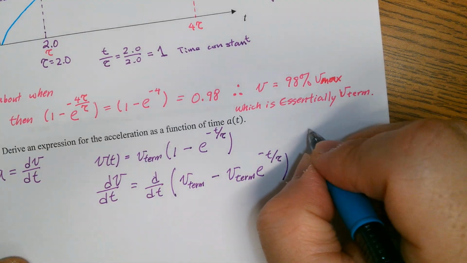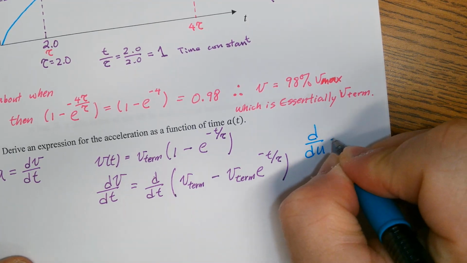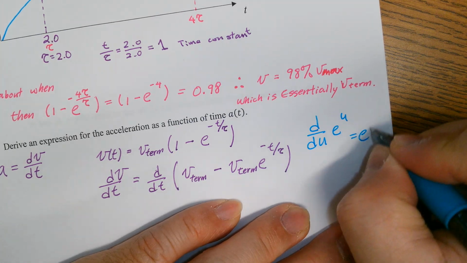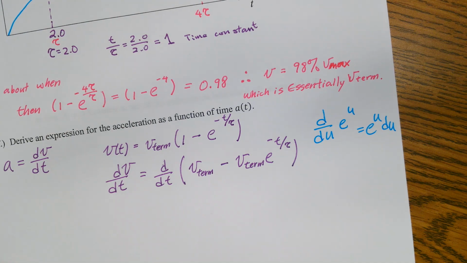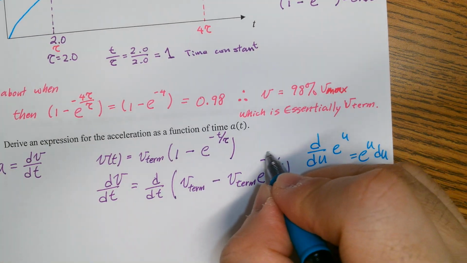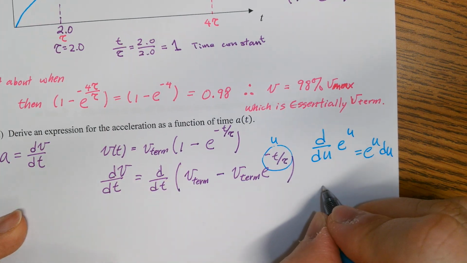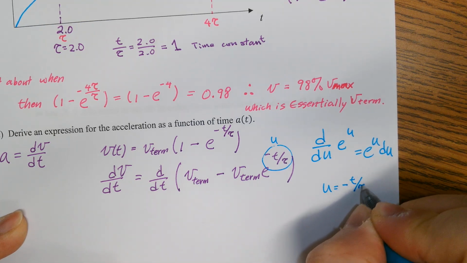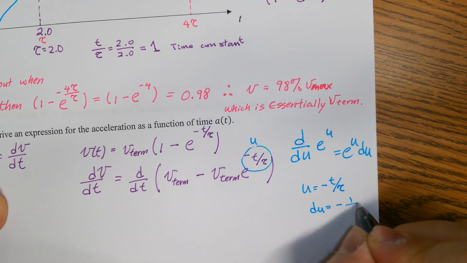Right? So if you take a derivative of e to the u, you get e to the u du. All right? So I could say this as u. So if u is equal to negative t over tau, and du is equal to negative 1 over tau.